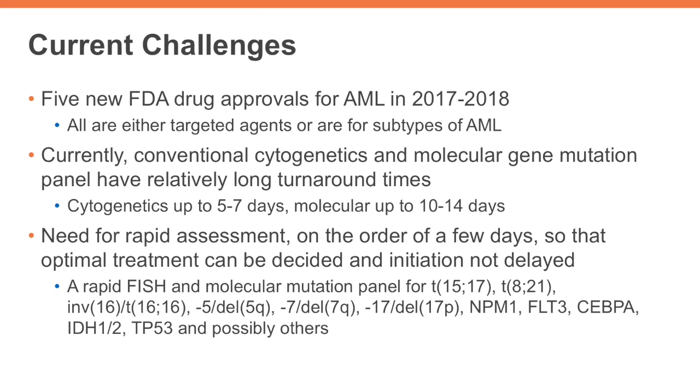Overall, there is a need for rapid assessment on the order of a few days so that optimal treatment can be decided and initiation not delayed. So, for example, a rapid FISH and molecular mutation panel, which has a number of the abnormalities that are relevant to the new treatments, could possibly be beneficial for patients with AML.